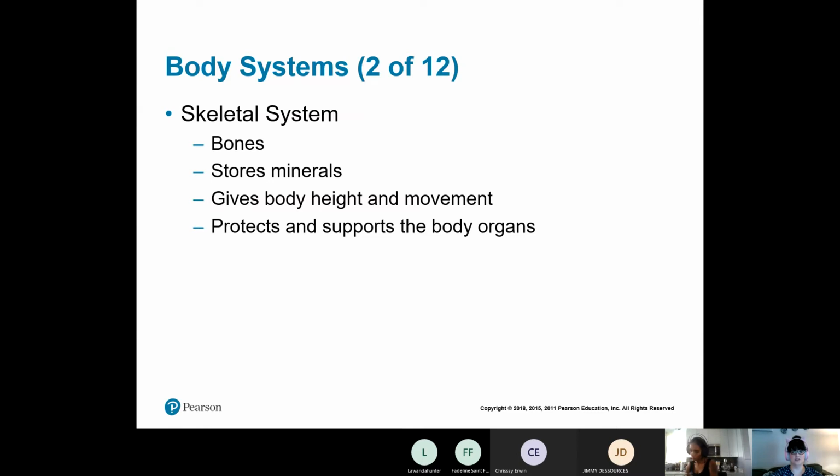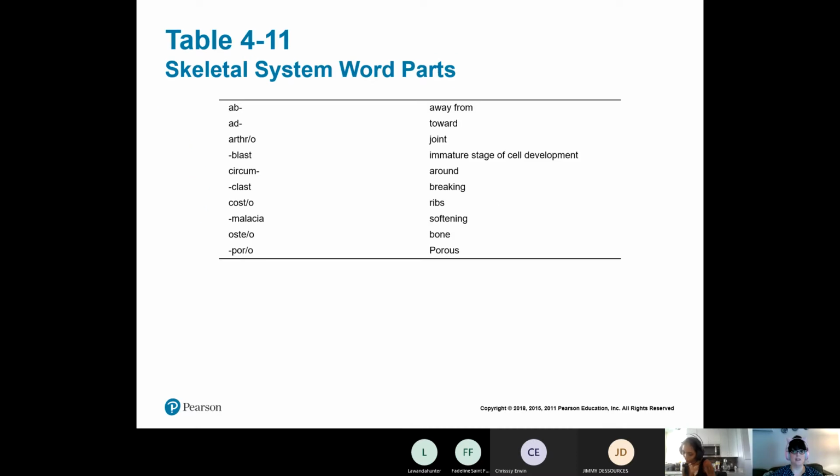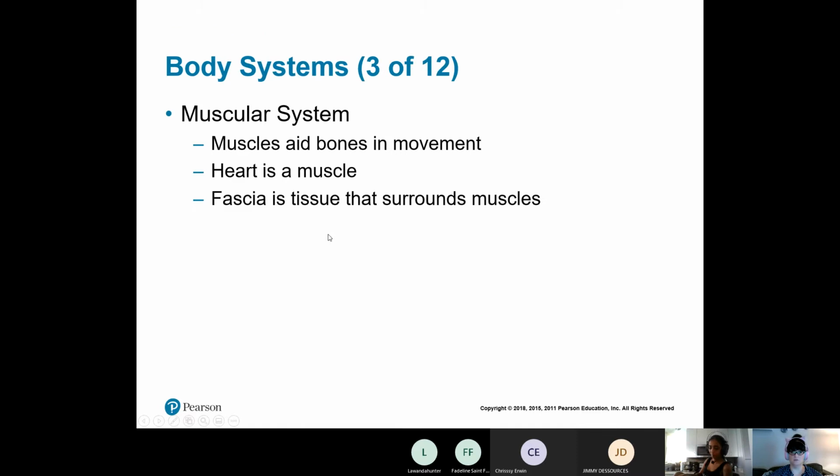So it's not just about minerals and structure and keeping us from being a bag of flesh. Bones do very special things as well, and they have their own terms: arthro, blast and clast, and costo. Costo's ribs, malacia, softening, osteo, bone. So lots of different terms, but like I said, when we cover that, I'll assign those with it.